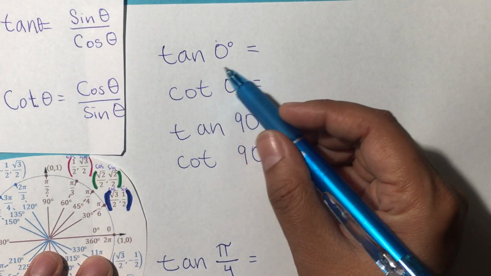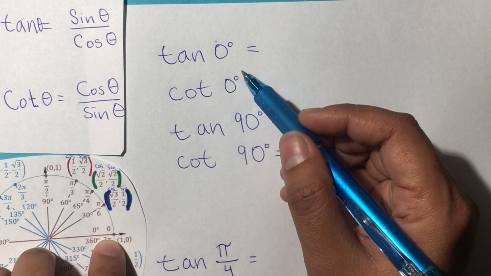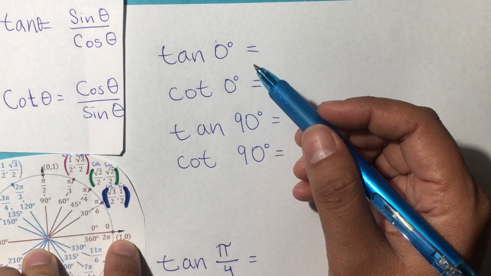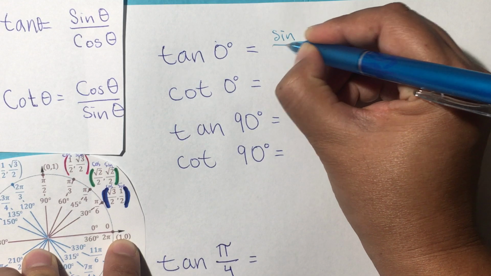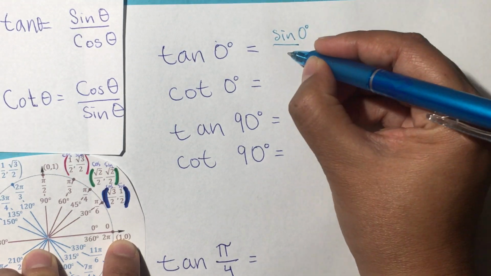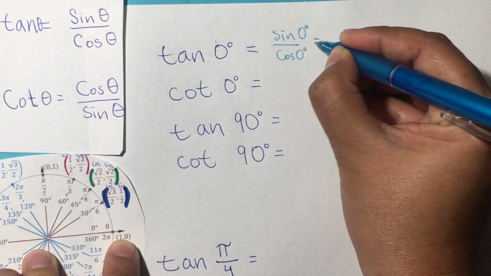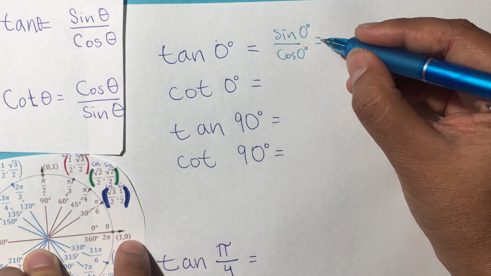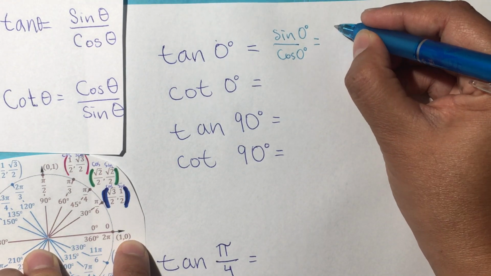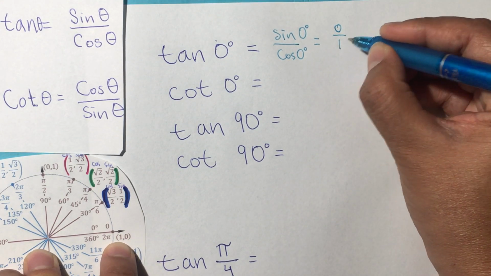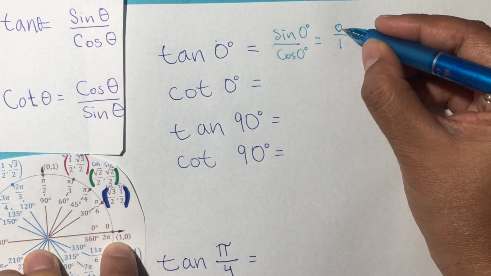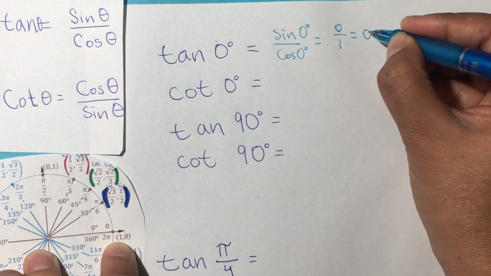Okay, so now for tangent of 0, we have 0 in here. The tangent again is sine of 0 degrees over cosine of 0 degrees. The sine is the value on the y, so it's 0, divided by cosine, the value on x, which is 1. 0 divided by 1 is 0.